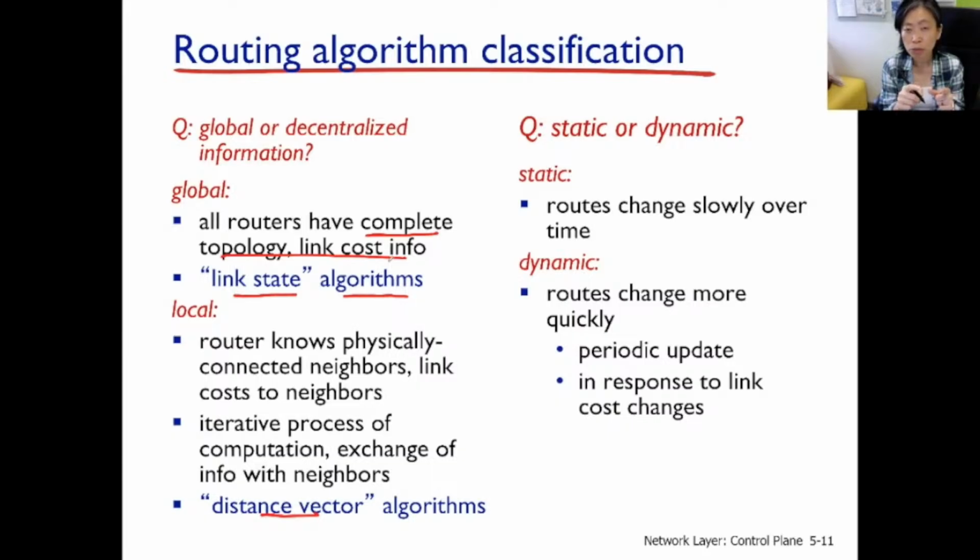Each router will need to know N, the set of routers composing the network; E, the set of links interconnecting all these routers in the network; and the link costs of all the links connecting the routers in the network. So each router needs to know how the network looks globally before the routing algorithm can be triggered.